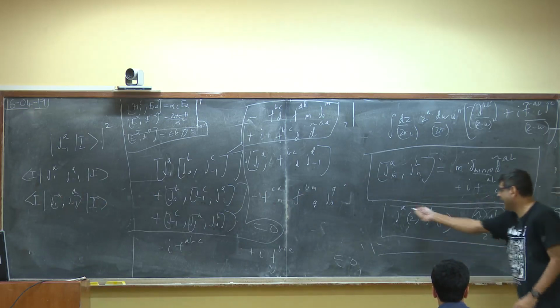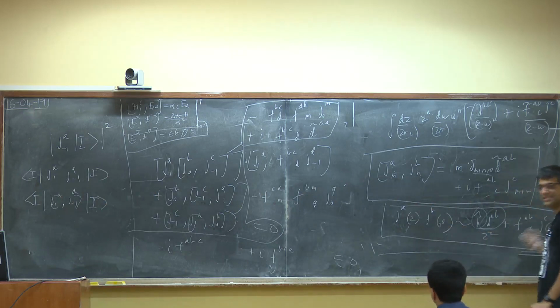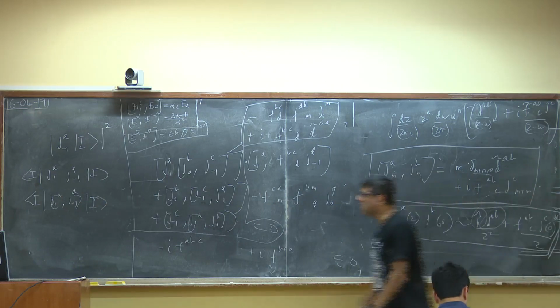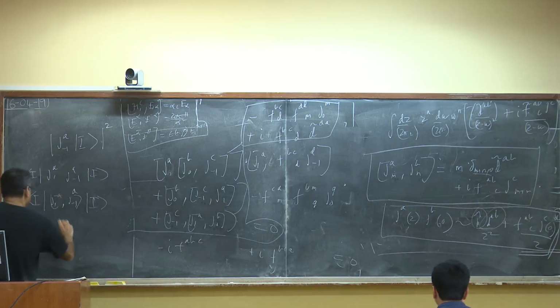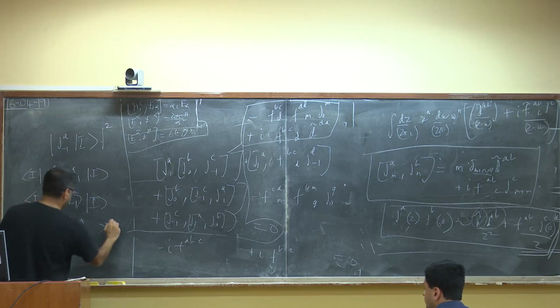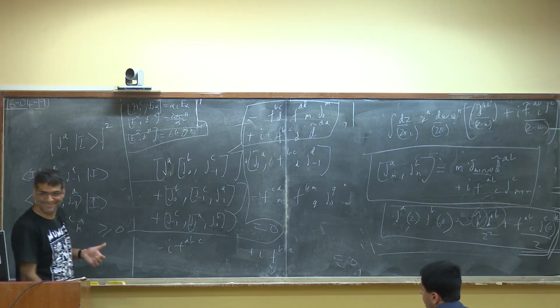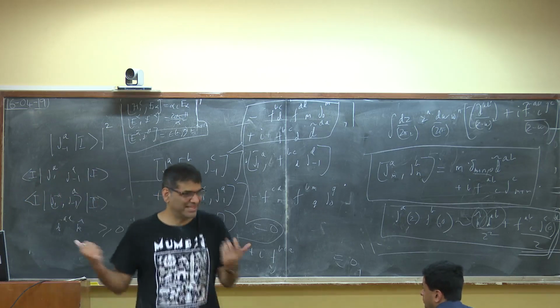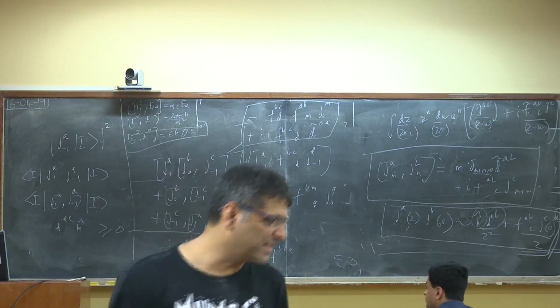Since I started with A and A, the f A B C D term gives 0 because this thing was symmetric. So all I'm left with is D A A times k hat, but this has to be greater than or equal to 0. Since we've assumed that D A A was greater than 0, that tells you that k hat is greater than or equal to 0.